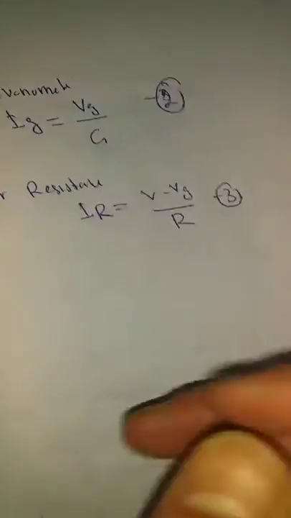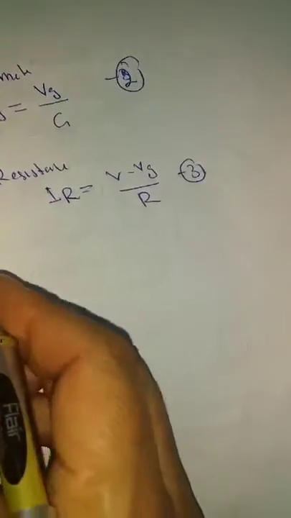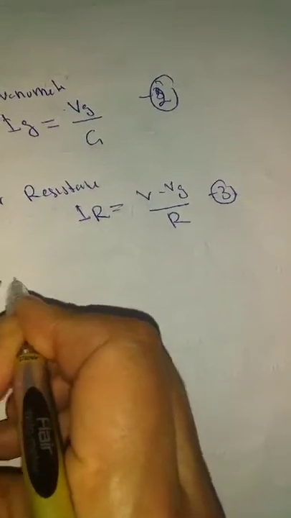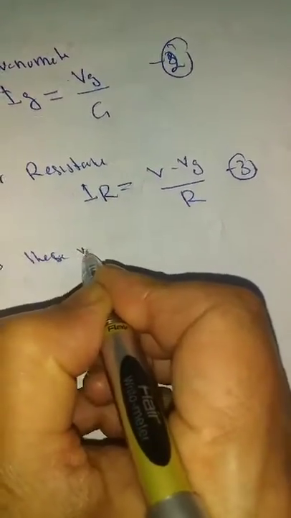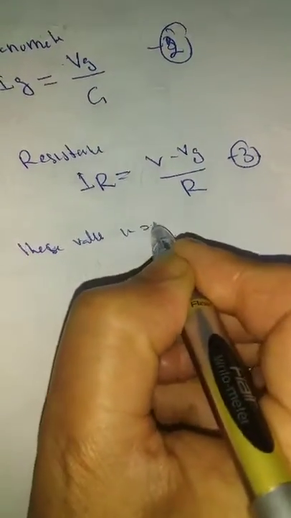Therefore, when we substitute these values in equation first, because they are connected in series, Ig is equal to IR.